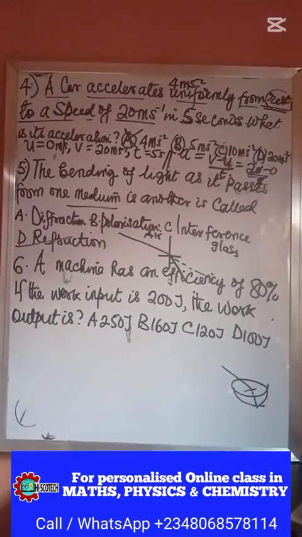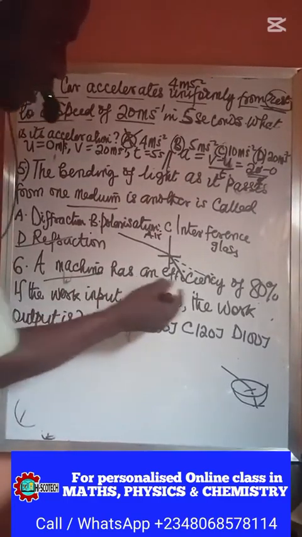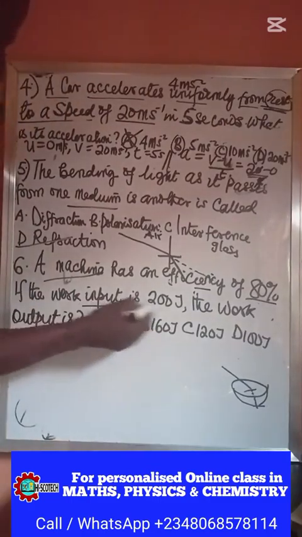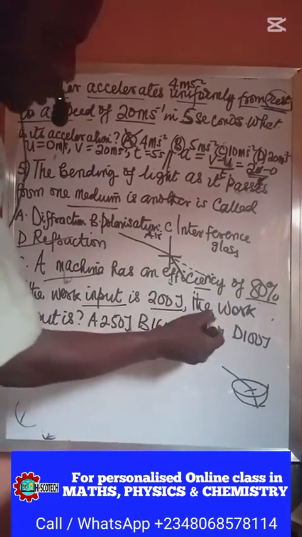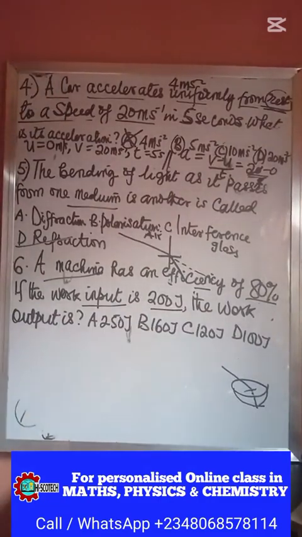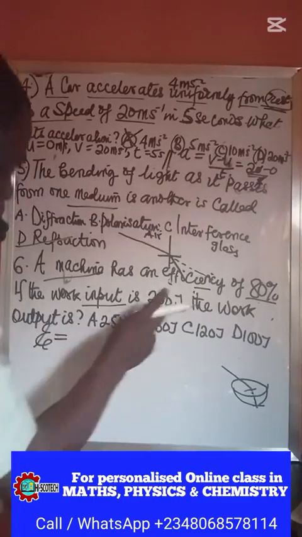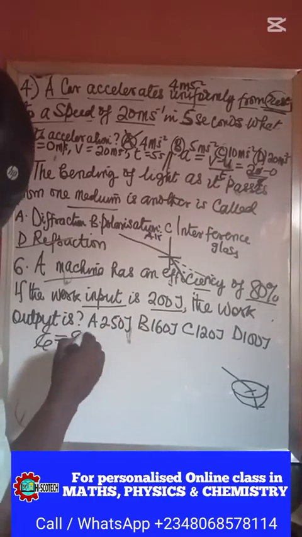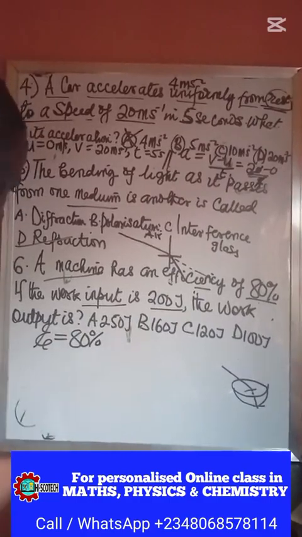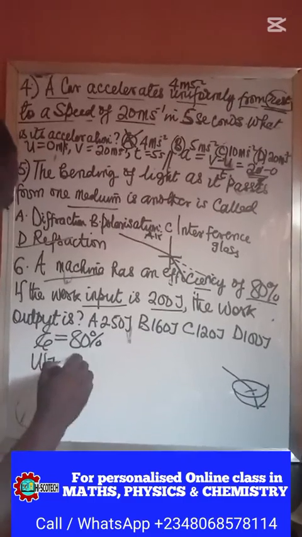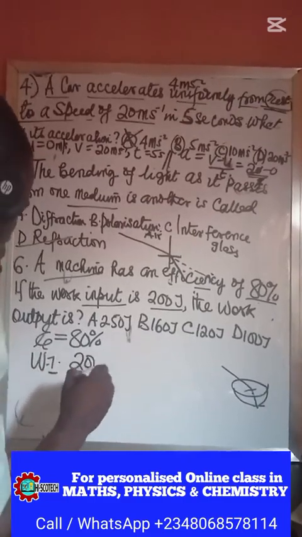Now the next one says a machine has an efficiency of 80%. If the work input is 200 joules, the work output is dash. All right, let's analyze this. We have efficiency as 80%, and the work input as 200 joules.